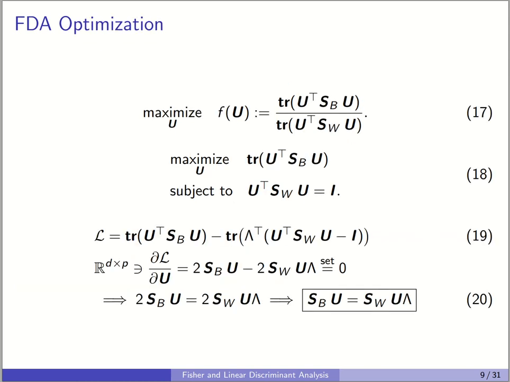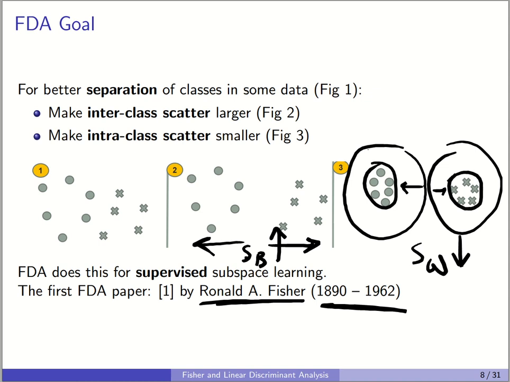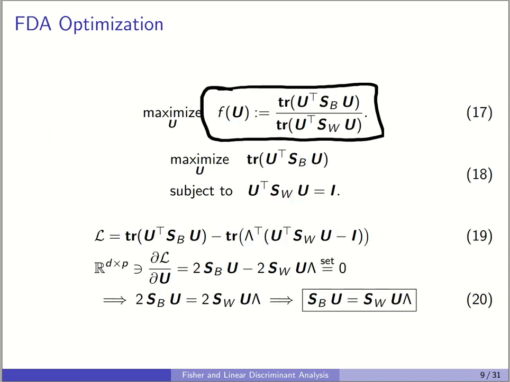So what is the optimization of FDA? As I said, we define a Fisher criterion, which is the trace of U transpose S_B U over the trace of U transpose S_W U. And why is this? In this slide, I said we want to increase the between scatter, so it is in the numerator of the Fisher criterion.